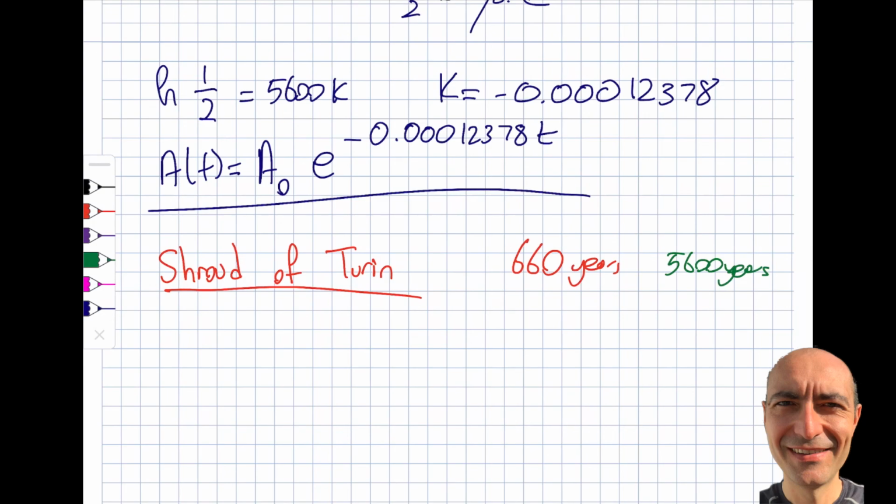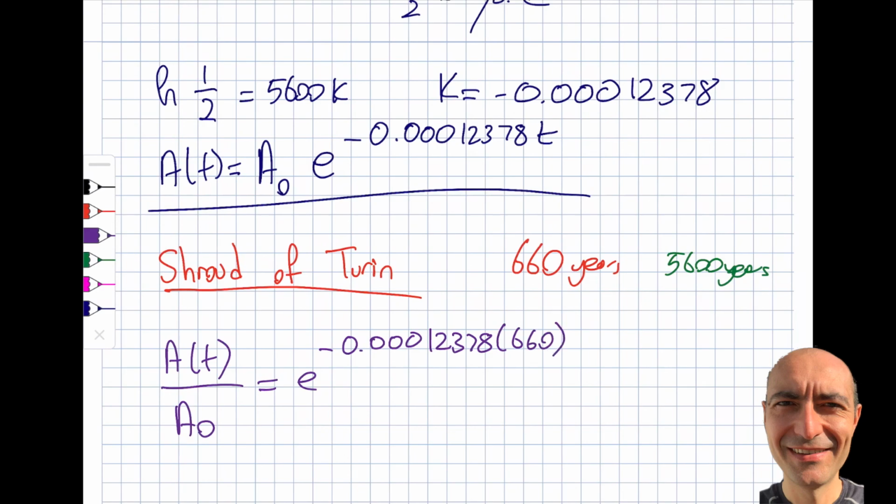So once I do the trick that I did up there in terms of finding my equation, it's fairly doable, right? My goal is to get this A of t after 660 years, divided by A0, because I'm interested in the ratio. So it's e to the minus 0.00012378, and for t I'll insert 660.